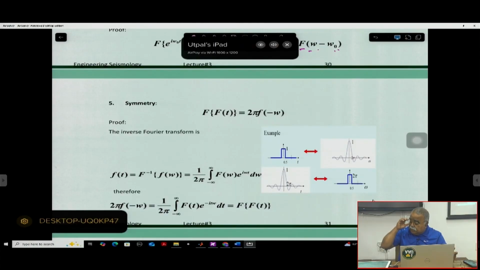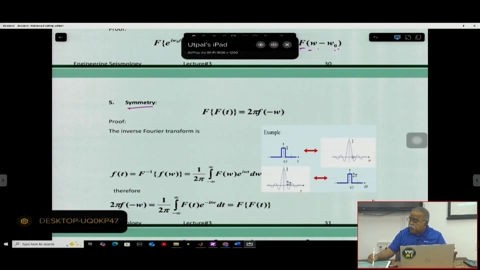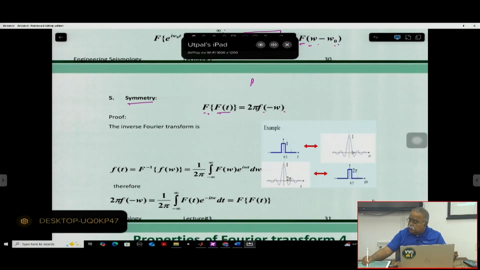Now there is a symmetry theorem, which says that if f(t) has a Fourier transform F(omega), then the Fourier transform of F(t) will be 2 pi f(minus omega).